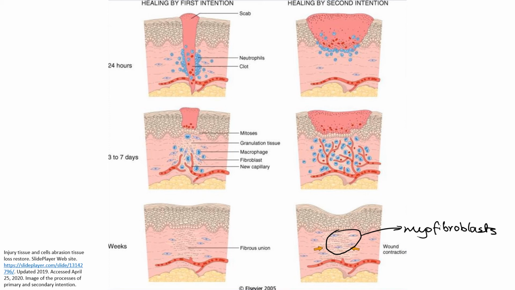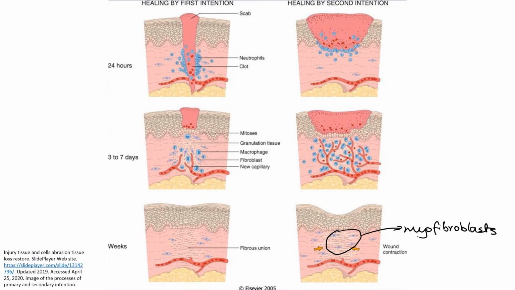So if we quickly review the processes of primary and secondary intention, we will see that in primary intention, within 24 hours, neutrophils are present with small clots. At 3 to 7 days, there is the proliferation of the basement membrane, along with angiogenesis and the infiltration of macrophages.